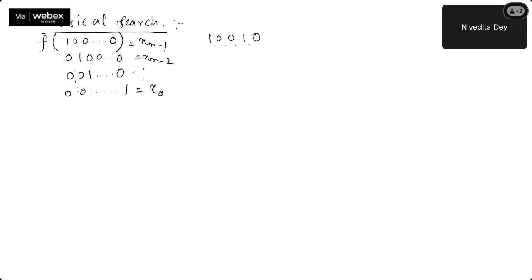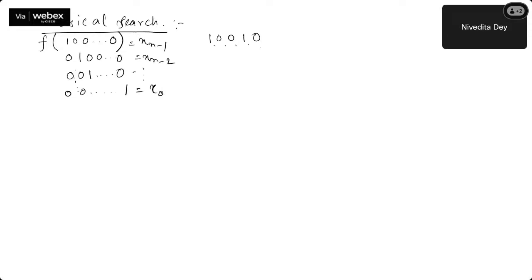For each position you have to check, and depending on the bit positions, that many queries you have to make. So for classical computation, at every position you have to check whether it's a 0 or 1, 0 or 1, 0 or 1. So in classical computation, you need basically n queries for an n-bit string. If it is a 5-bit string, you need 5 queries.